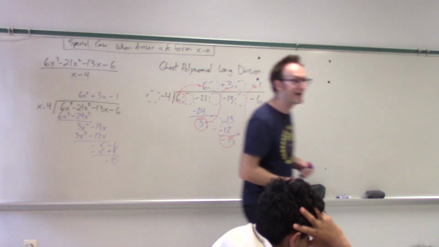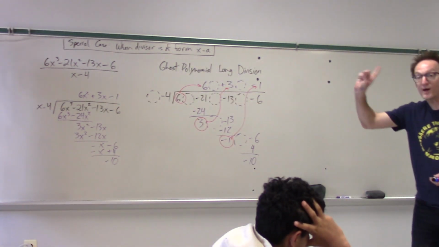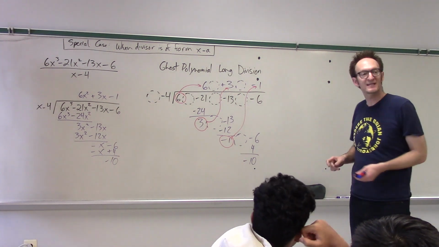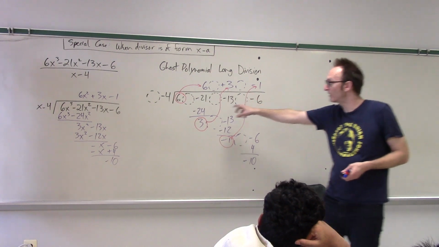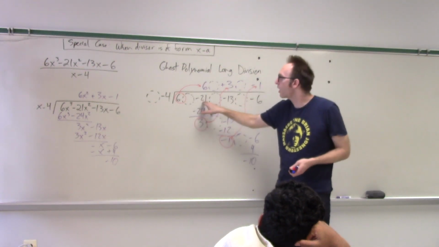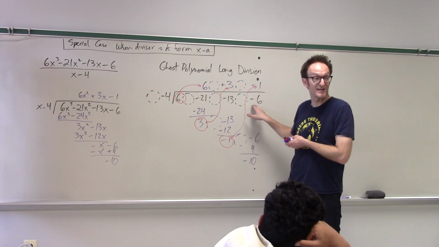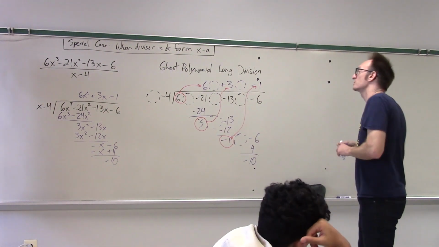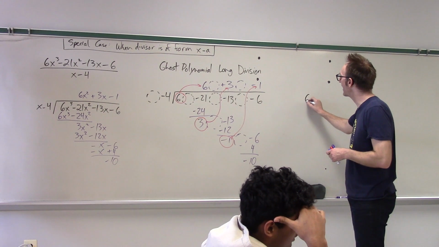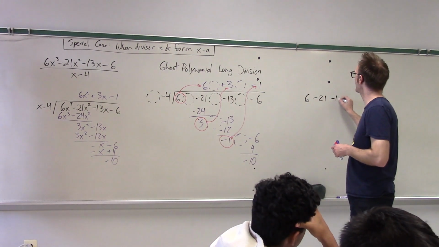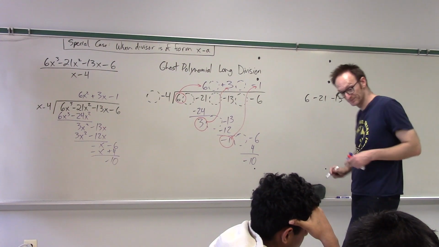Okay, I hereby introduce you to an even more efficient algorithm. And this even more efficient algorithm takes advantage of what I've already learned here, which is that seemingly only the coefficients of the dividend matter. So keeping that in mind, I shall only write the coefficients. 6, negative 21, negative 13, and negative 6.